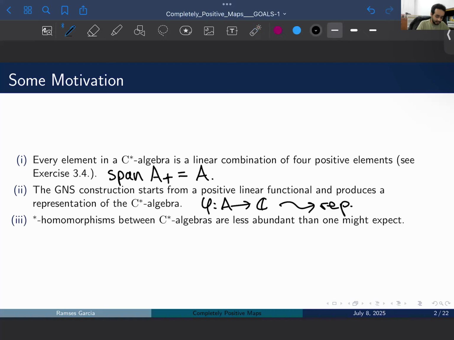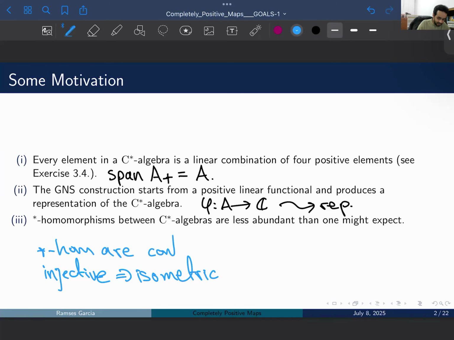You already know that a star homomorphism that is injective implies isometric, and also that every star homomorphism is contractive. So if we want to study C*-algebras and compare different C*-algebras, we would like to have some maps that we can always assume exist, at least in some cases.